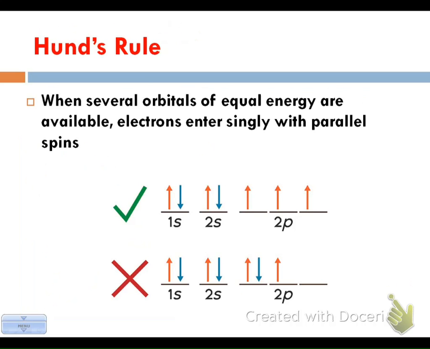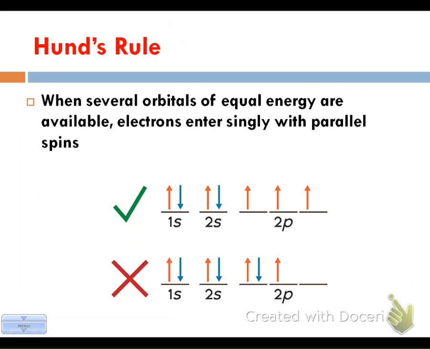The second rule we want to talk about is called Hund's Rule. Now, Hund was a person, and his rule says when several orbitals of equal energy are available, electrons enter singly and with parallel spins.